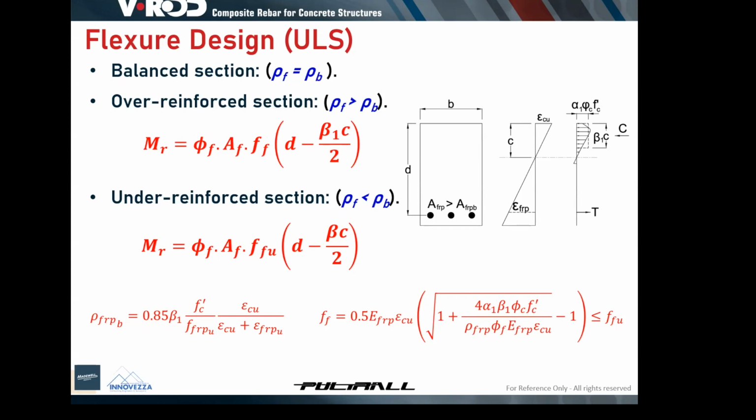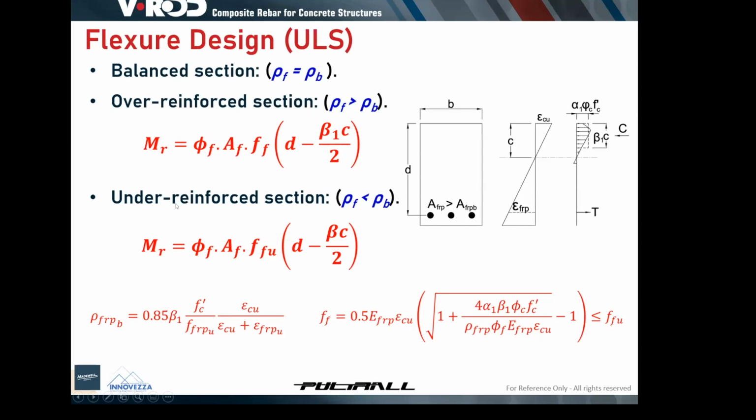Of course, the balanced section is not allowed by any of the codes, but all the codes allow for over-reinforced sections or under-reinforced sections when it comes to GFRP design. And we have different equations and different requirements for both types of sections. So for the over-reinforced section, to calculate the resisting moment, we can use this equation here.